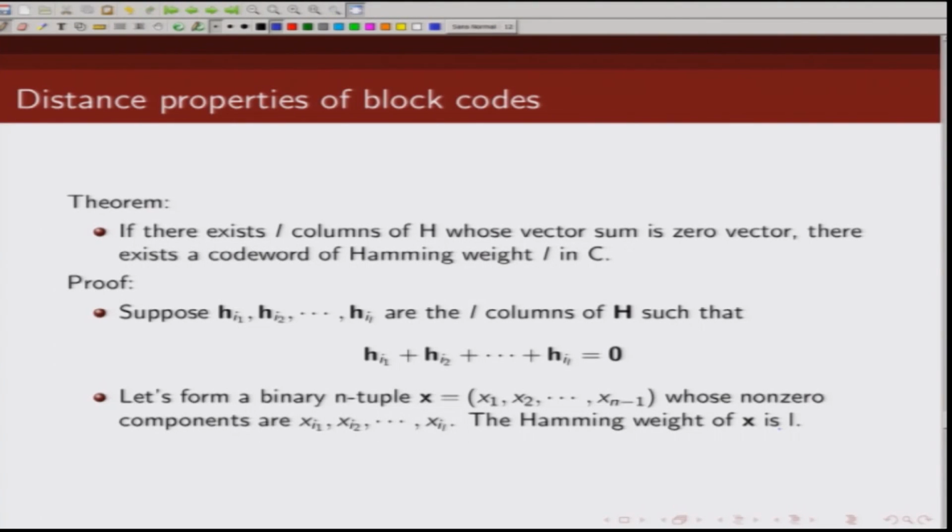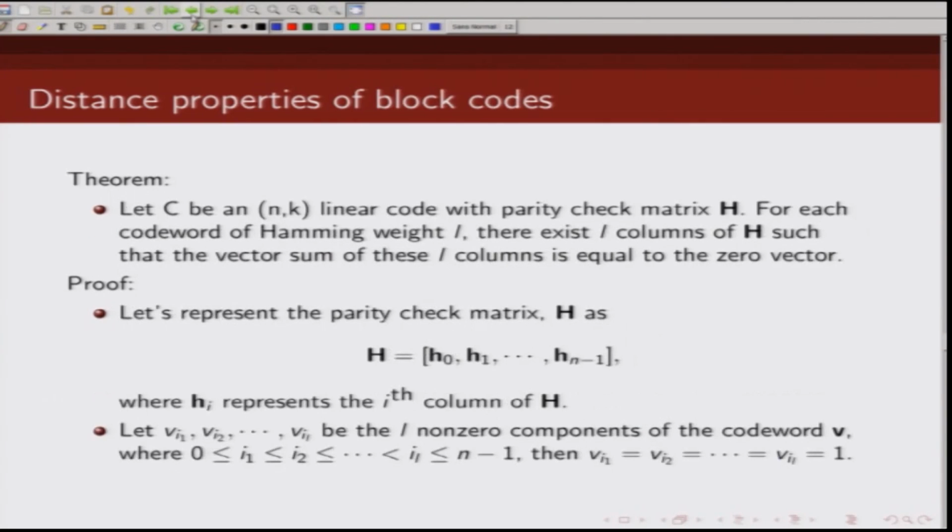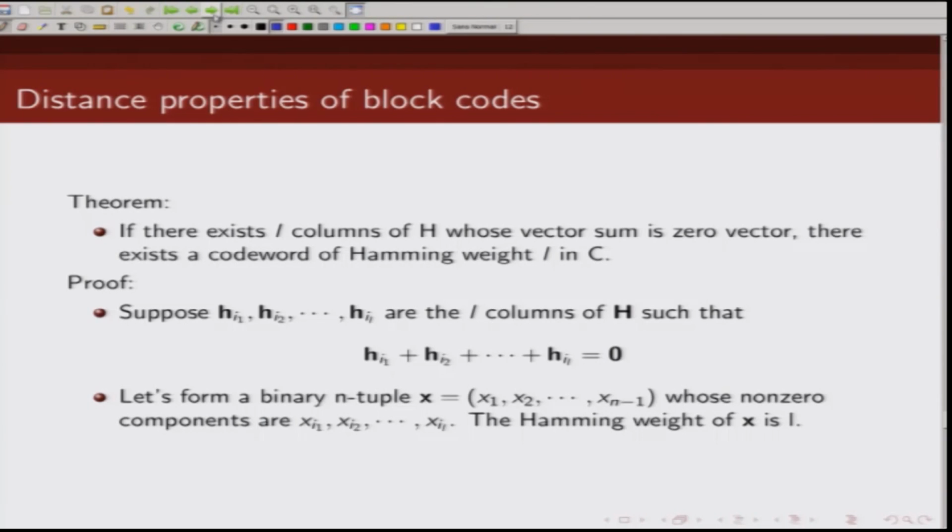Now, using these two theorems, we can make the following observations.